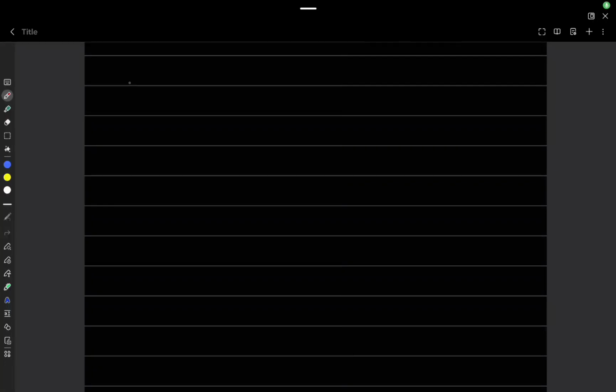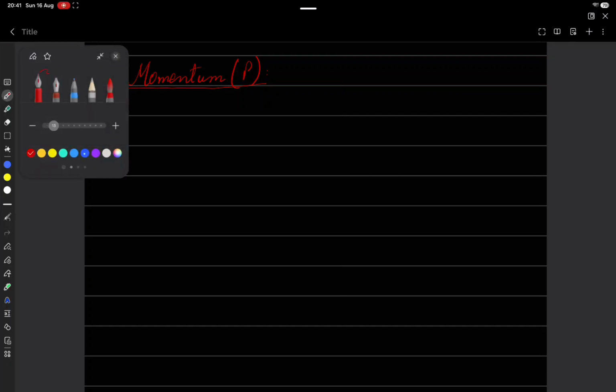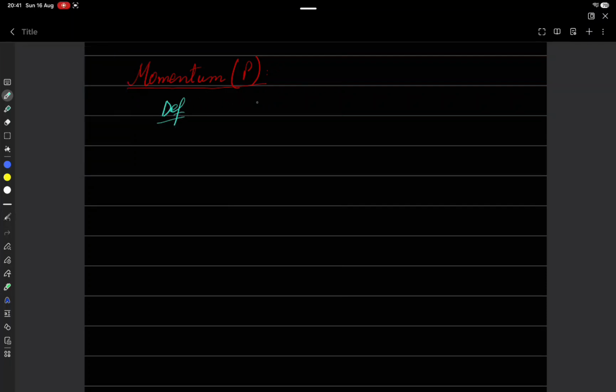Now we have to do momentum, a very important topic. We represent momentum with P. First of all, we have to do the definition. The definition of momentum is the product of mass and velocity.